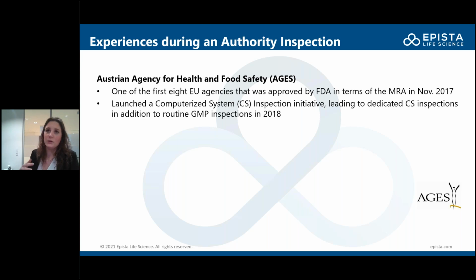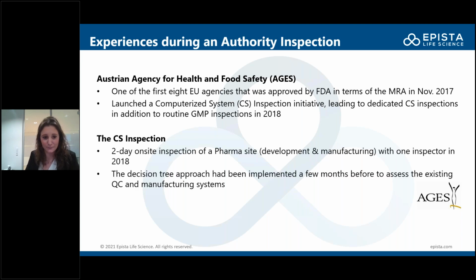That meant that you would still have your normal GMP inspections, you would still have all the contact with the agencies and their inspectors as you normally would have. You would just have, at least once during that year, another appointment with this computerized system inspector who was only looking at your computerized system and data integrity.